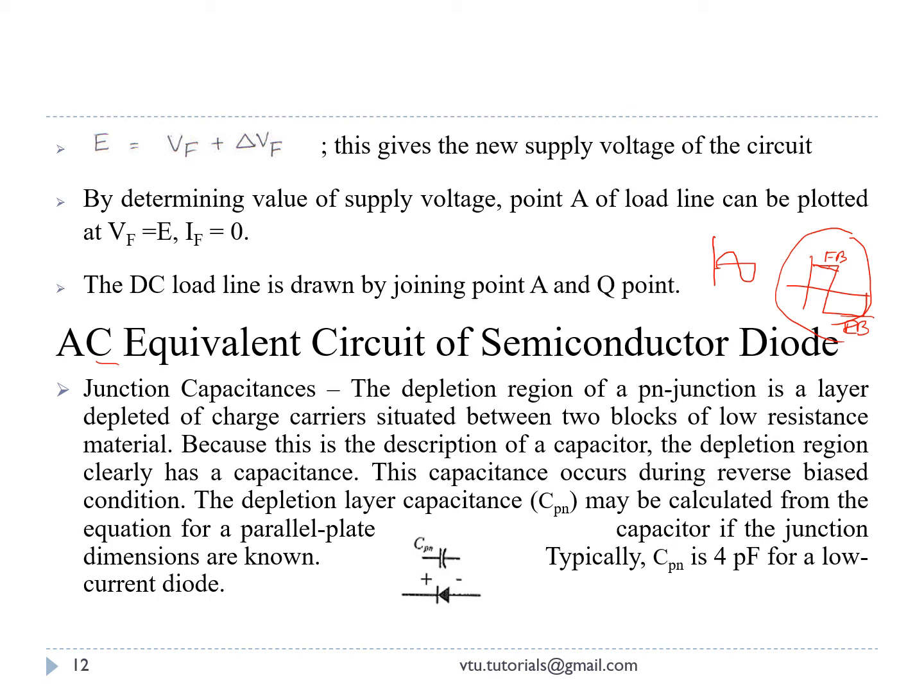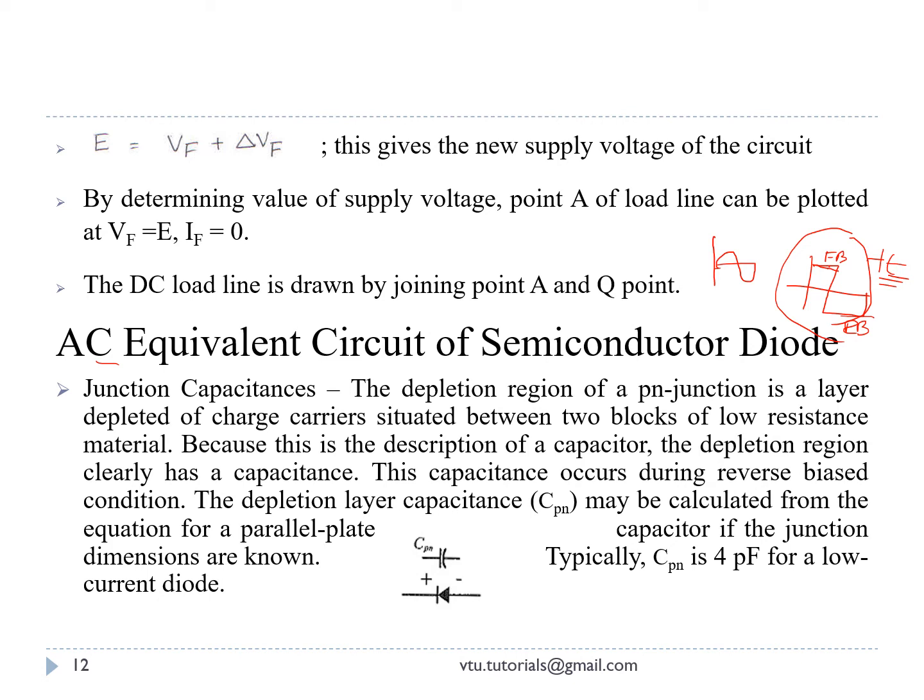We are going to characterize the diode with capacitive impedance. So let's see how we consider this to be capacitive. The way it behaves will be in the form of a capacitor's property.